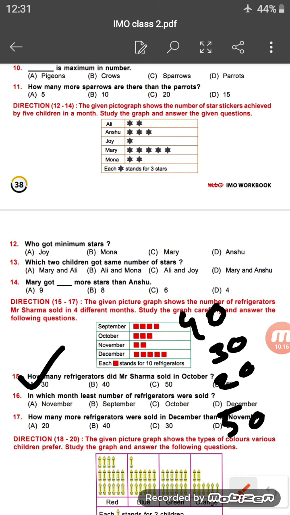It is November, again option A. Now number 17, how many more refrigerators were sold in December than November? In November it is 20 and December is 50. So 50 minus 20 is 30. So option C.